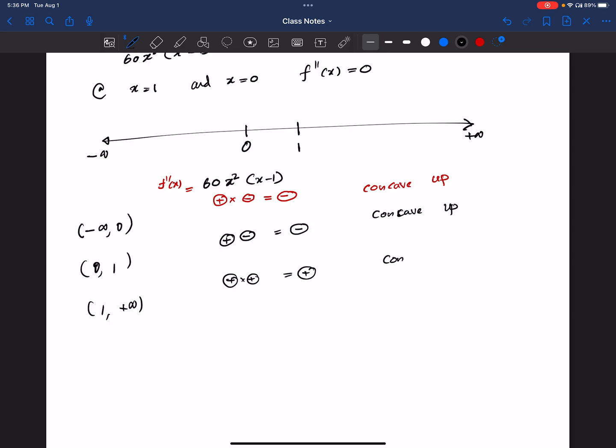That means concave down. So concave up, concave up, concave down. Now we have a change in sign of f double prime of x, right? And also f double prime of 1 is equal to 0, and it changes the sign.